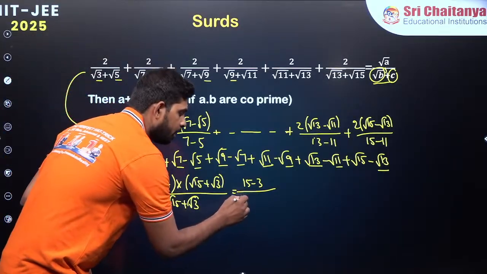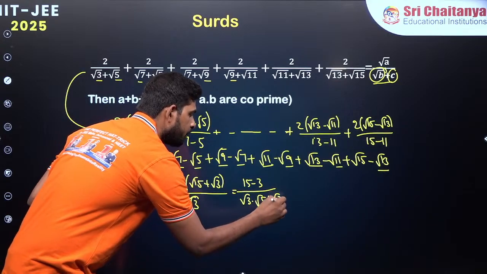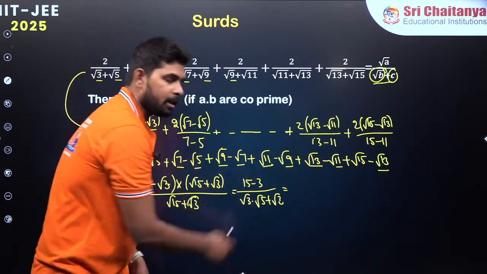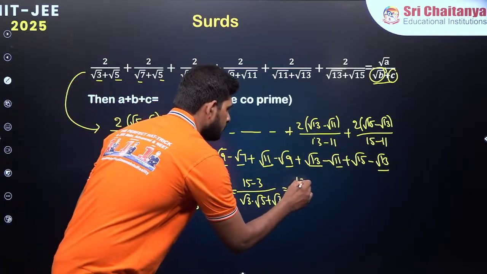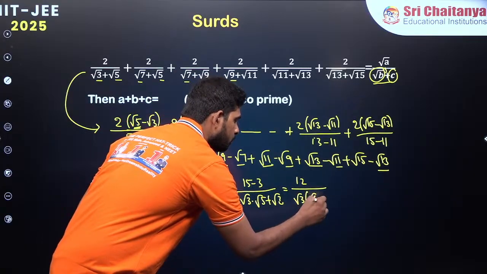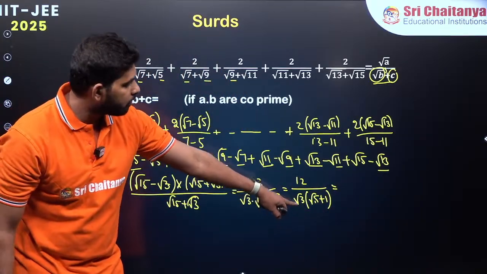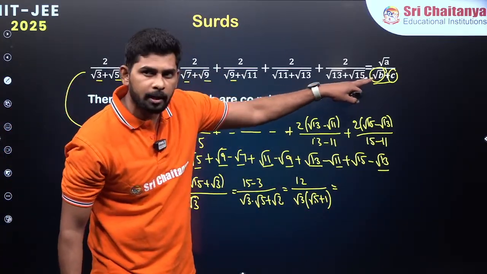Root 15 can be written as root 3 times root 5, plus root 3, and 15 minus 3 we know is 12. Something is common in the numerator, that is root 3 into root 5 plus 1, which is equal to, again, this root 3 is extra, but in the denominator it is not there.